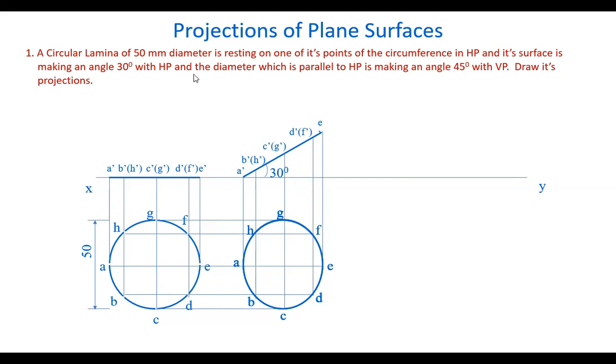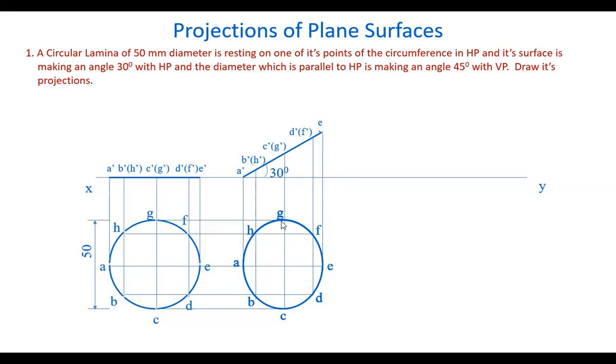Now the diameter which is parallel to HP, we have two diameter lines. We can talk about two diameter lines. One is AE, the other one is GC. GC is one diameter and AE is another diameter. Here AE is making an angle with HP already.